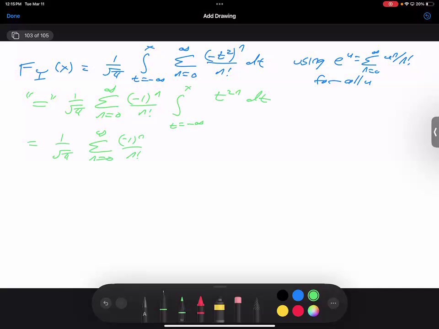Can you integrate t to the 2n? Yeah, that's just going to be t to the 2n plus 1 over 2n plus 1, evaluated at x and negative infinity. And now what happens?